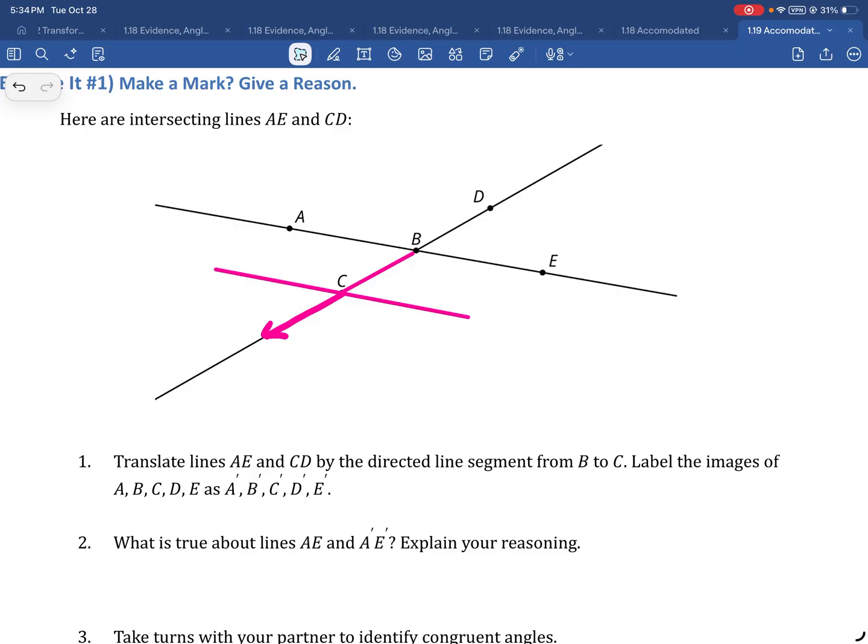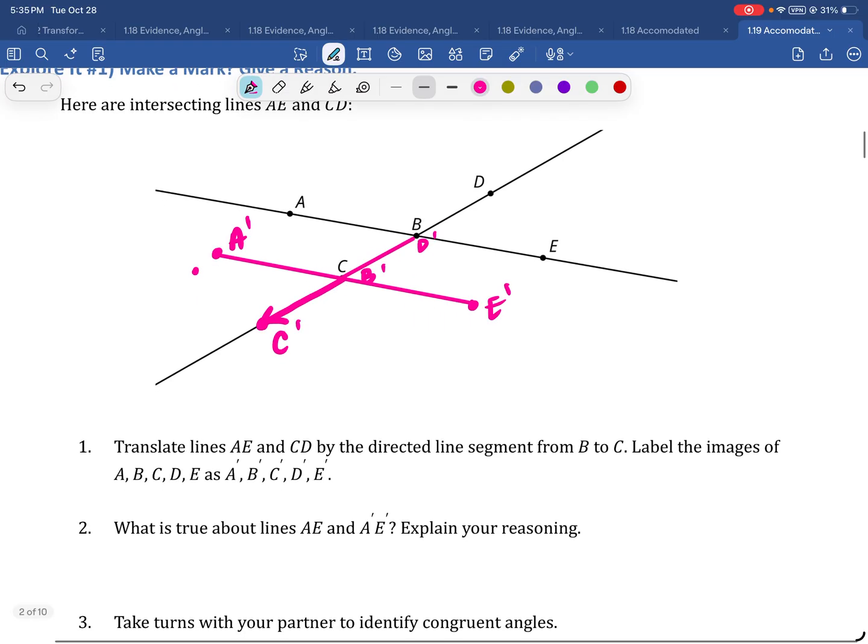You could use tracing paper to do this. And we're gonna label the images A prime, B prime, D prime, E prime, and some of the letters will be overlapping, like B and D prime, A, B, and C prime.